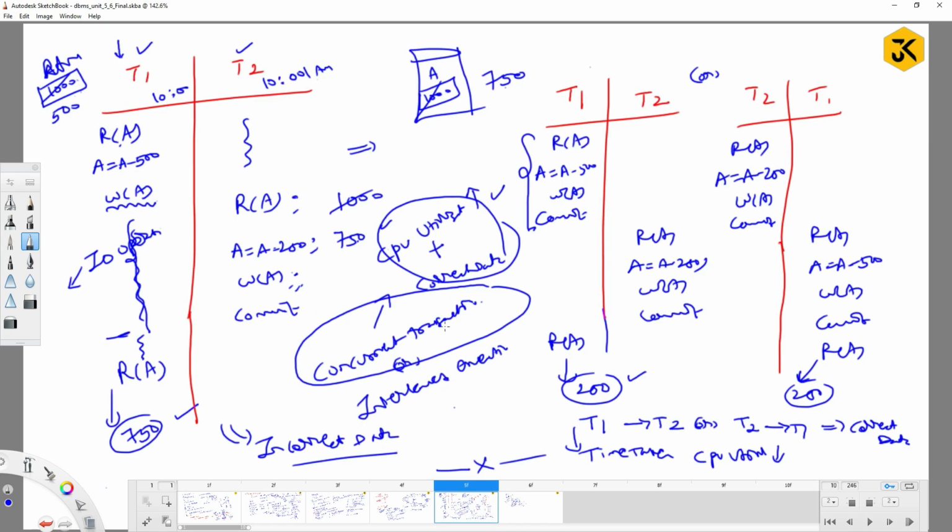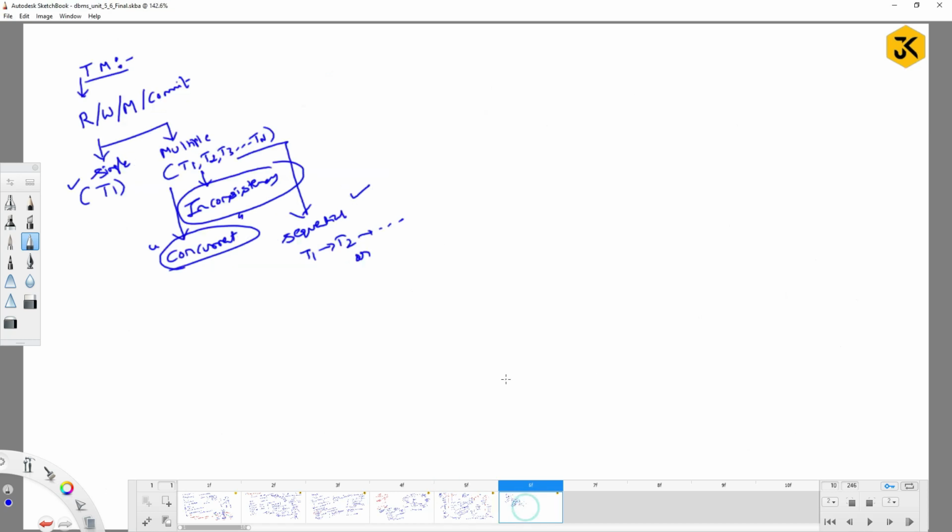So what are you thinking, how are we getting incorrect data? What are the chances of getting incorrect data? Because there are certain situations. If you have a database, and on this database multiple people are trying to communicate, and all the operations are only read operations, is there any problem in the database?